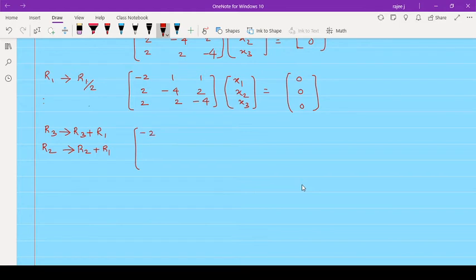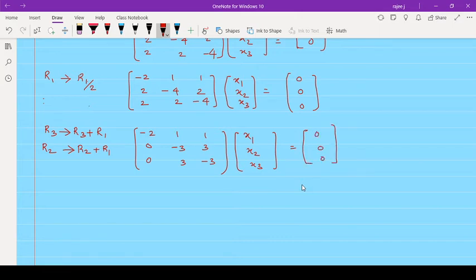So it is minus 2, 1, 1, then 0, minus 3, 3, 2 plus minus 2, 0, 3 and minus 3, times x1, x2, x3 equal to 0, 0, 0.